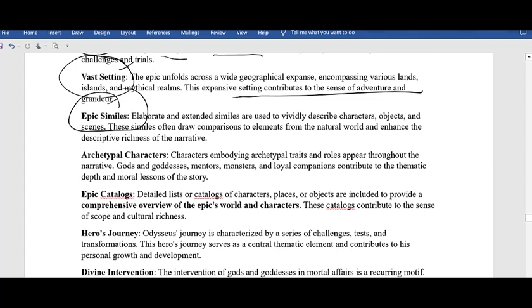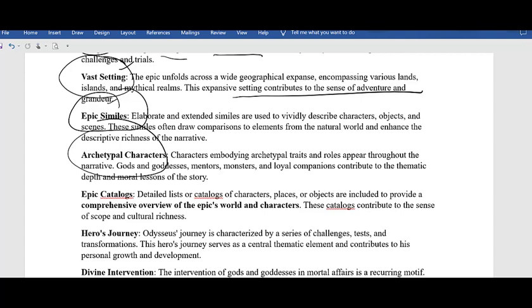Then you have archetypal characters. What's an archetypal character? Where you have certain traits in certain characters which have a very important resonance throughout the epic, right? Certain traits would continue in that particular character through the text, through the epic.